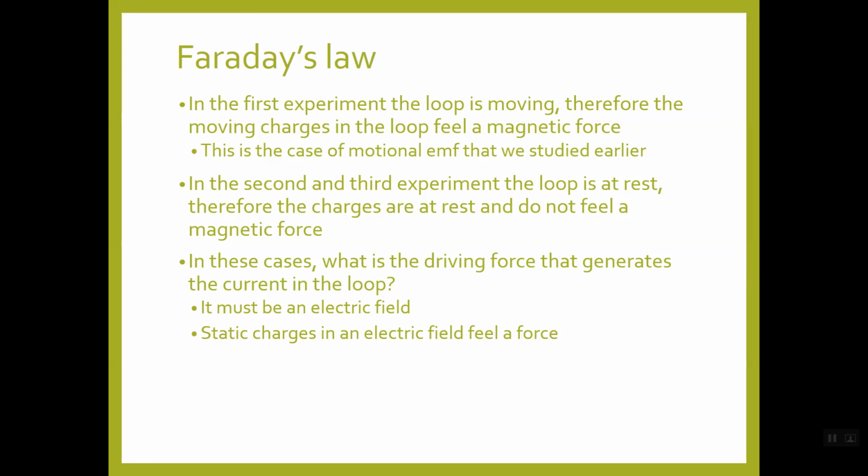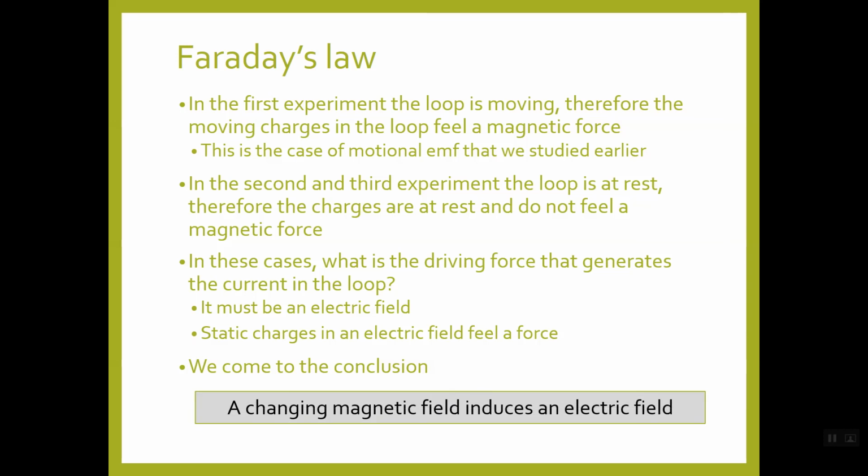So since in experiment 2 and 3 our charges are not moving, it must be an electric field that is generating the current in this case. So a changing magnetic field induces an electric field.